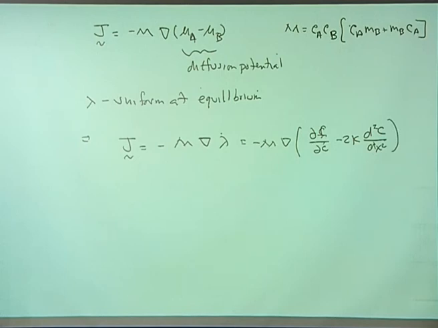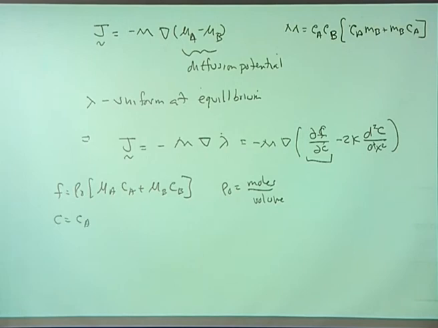And so let's just look at this term here. Right, so that's the definition of the free energy. And rho here is volume. And if you let C be equal to C_A, that implies that the partial of F with respect to C is going to be equal to mu_A minus mu_B.